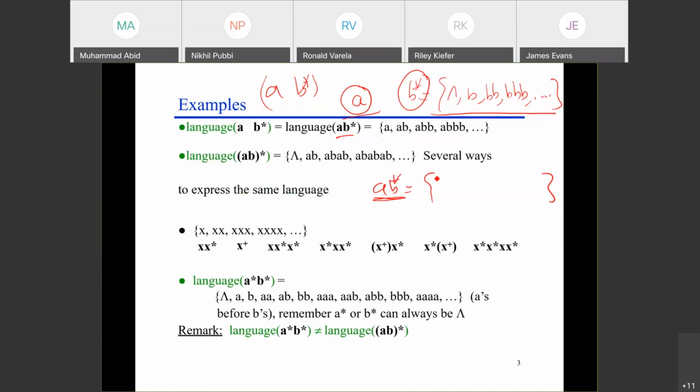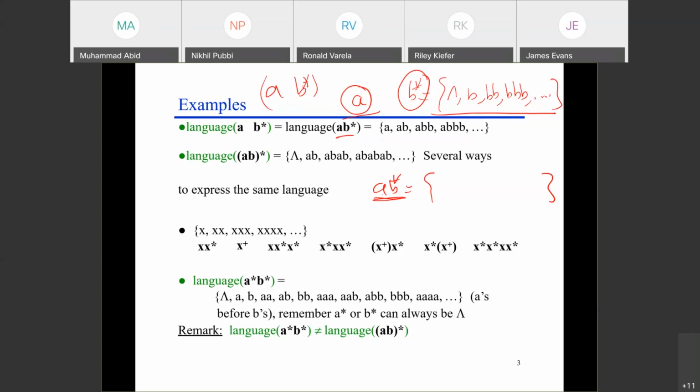A will always be there. But B has a star on it. It means B may be lambda, B may be one B, two B's, three B's, as many B's, or there may be no B because we got lambda from B star. But A has no sign on top of that, so there is no way you will get lambda from A.